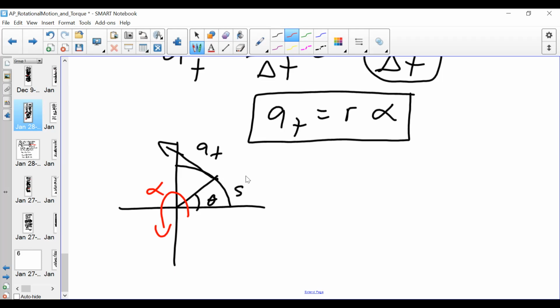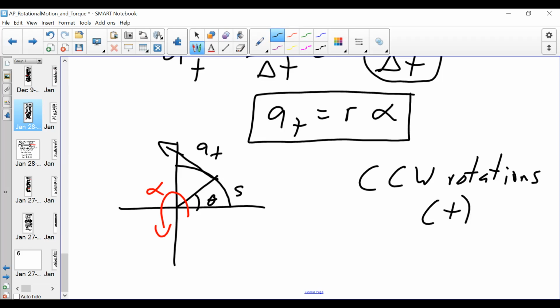So in this configuration, the rotation is counterclockwise. And as we defined up top, counterclockwise rotations are positive directional rotations.